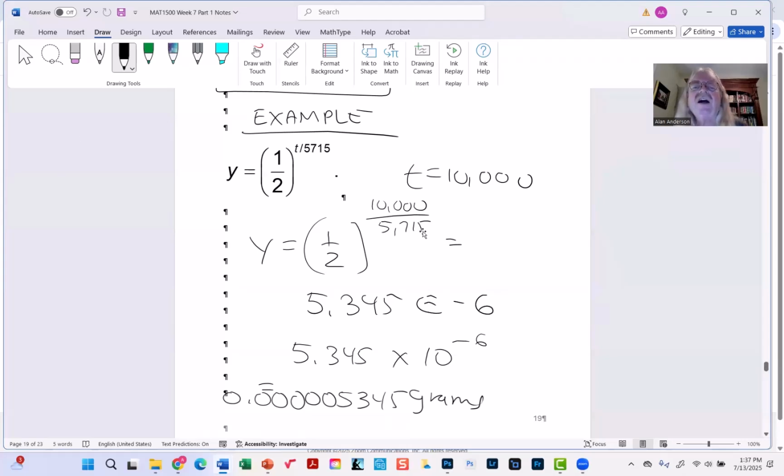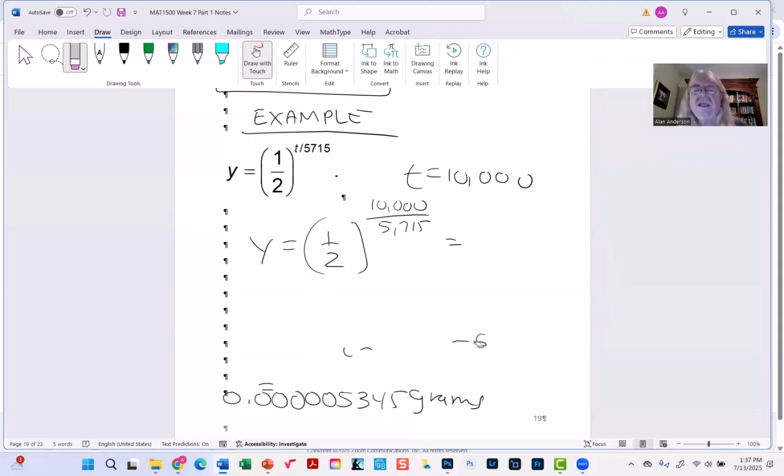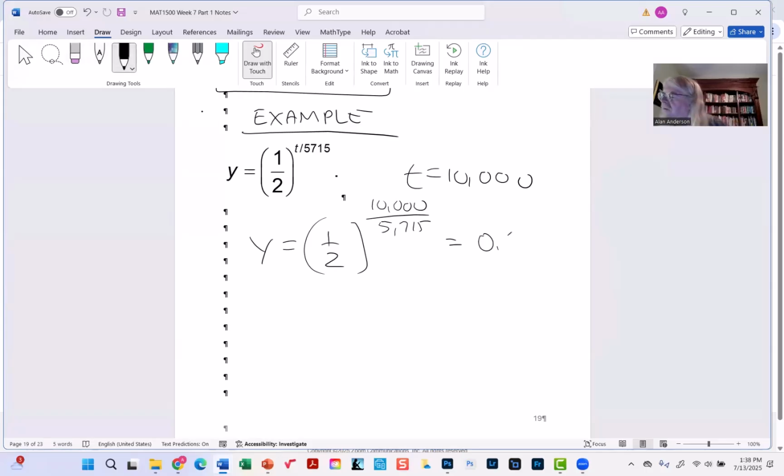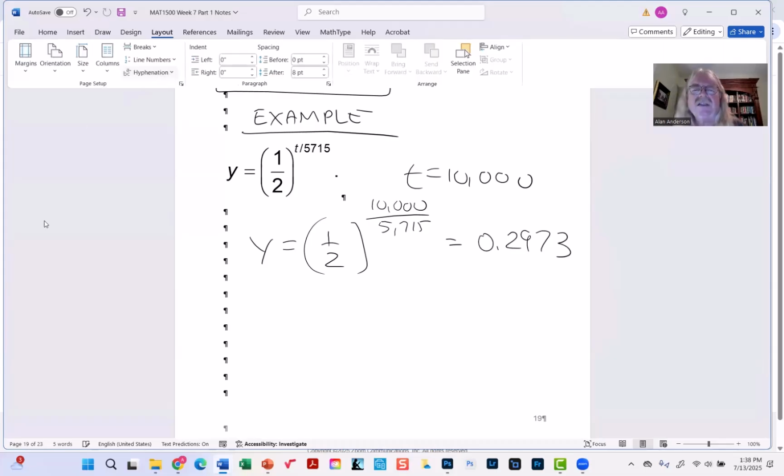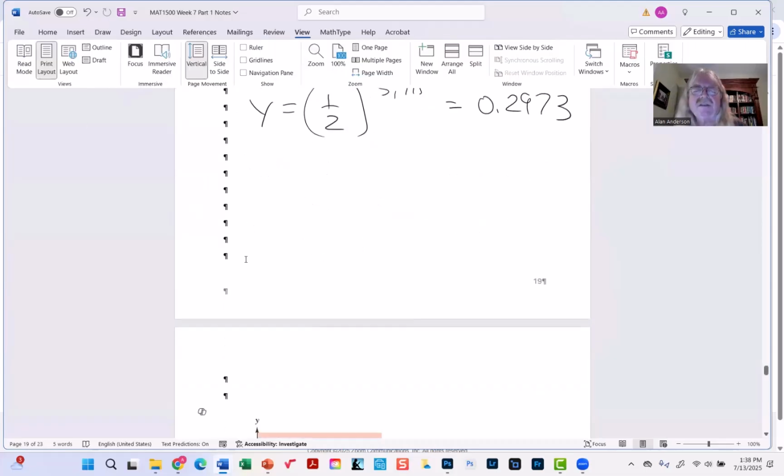I accidentally left off the five in this 5,715. So that made a big difference, unfortunately. It's actually approximately 0.2973. That's a lot better. So when you look at that graph, you'll see that makes a lot more sense.